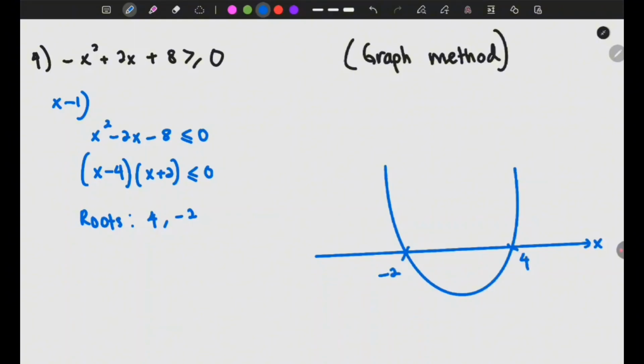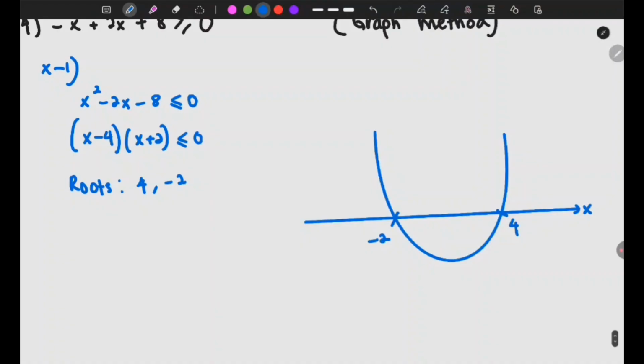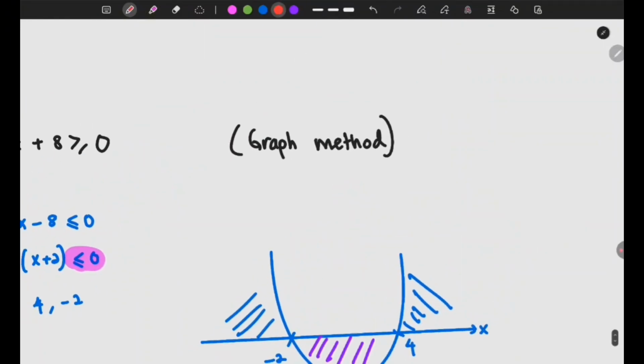Look at the sign: less than 0. Again, I repeat: your sketching part will be the outside one if it's more. And if it's less, your sketching part will be inside. Less, so go inside. So now it is less than 0, so your sketching part will be here.